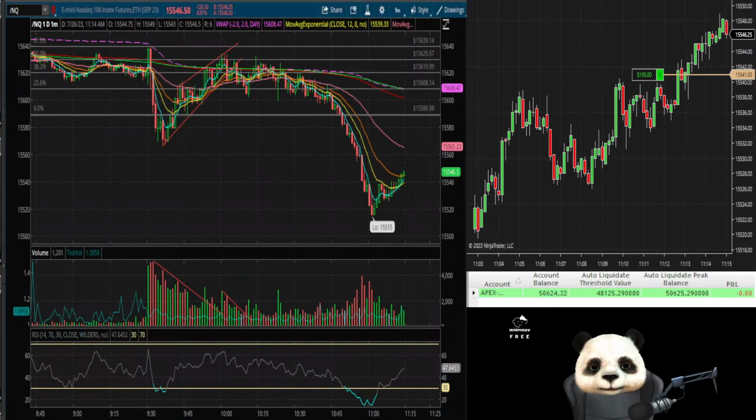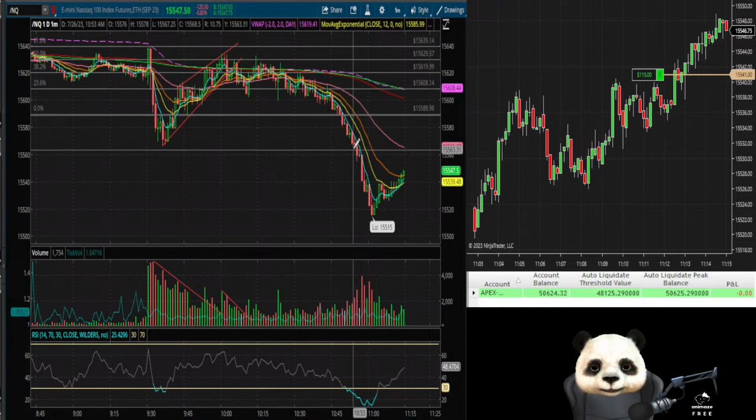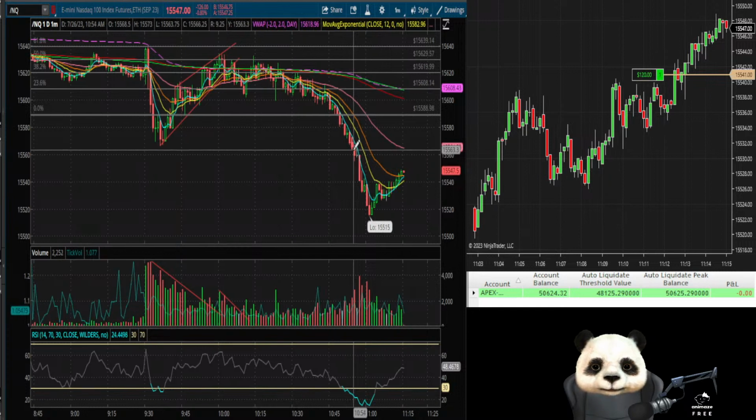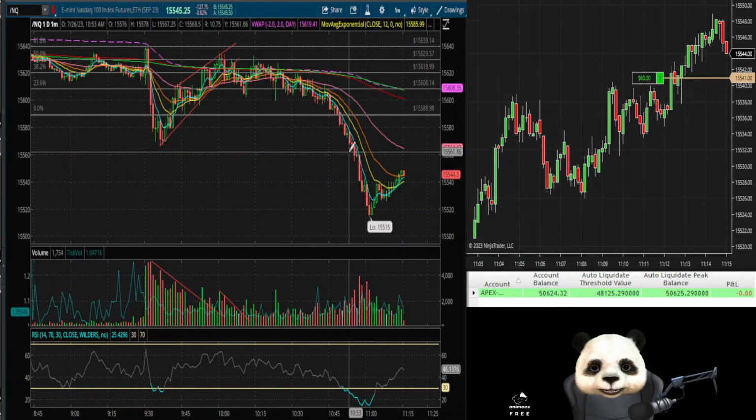So as far as where to take profit, a good option would definitely be this like 61, 62 range.